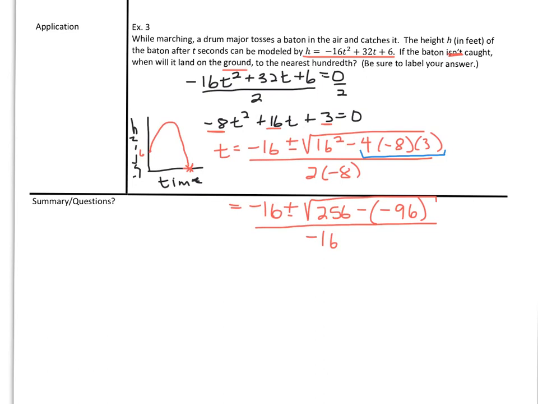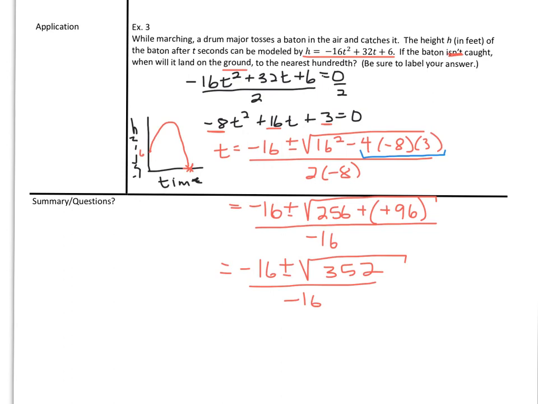Be careful here. Do not cross off the negative 16s. We can't reduce that until the very end. So let's keep simplifying. On the inside of the square root, we have a double negative, and that will make that positive on the inside. Negative 16 plus or minus the square root. If we take 256 plus 96, we get positive 352, all over negative 16.